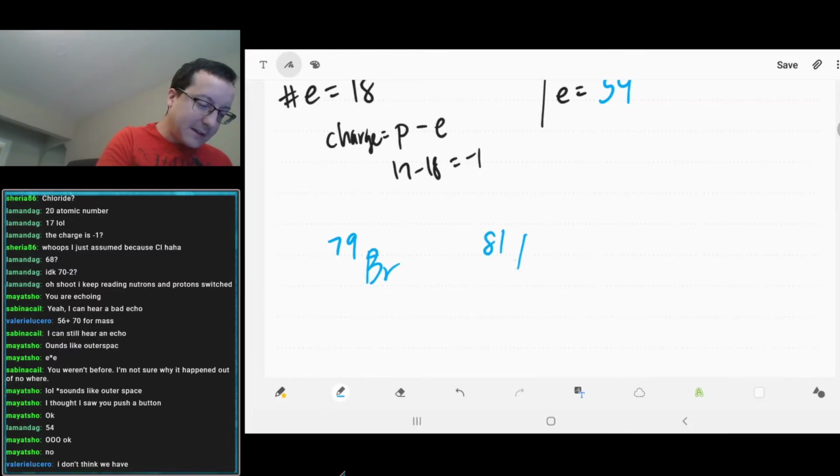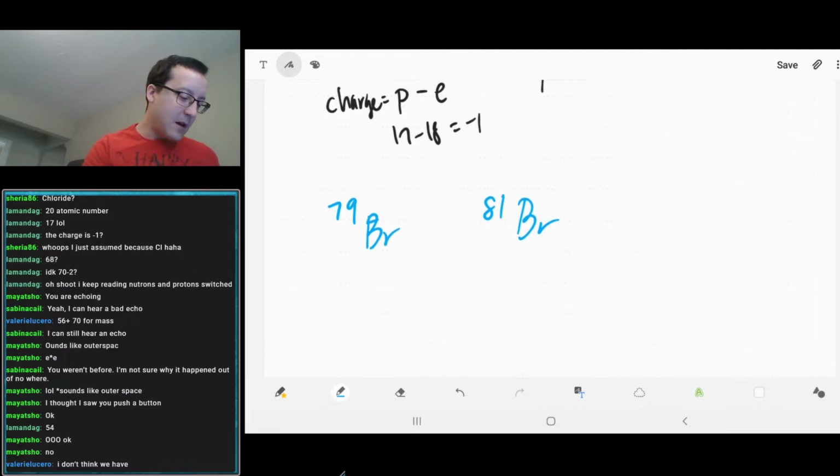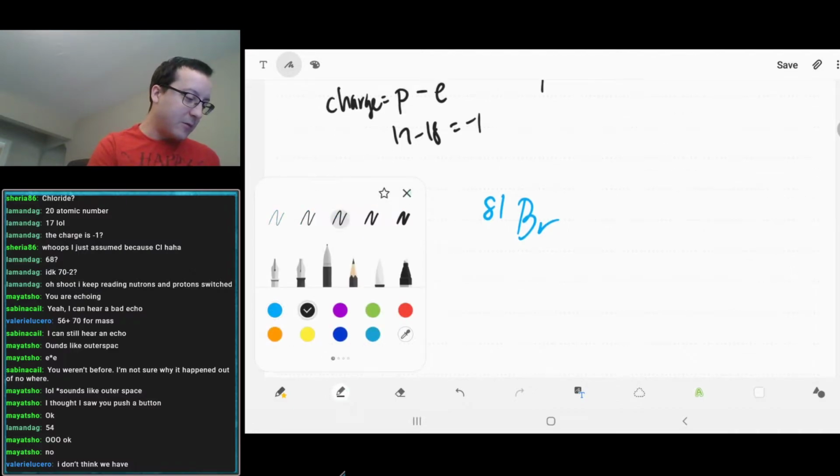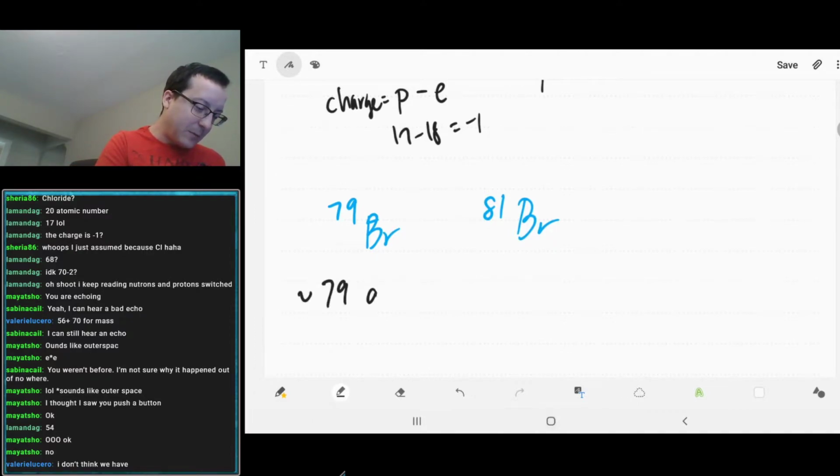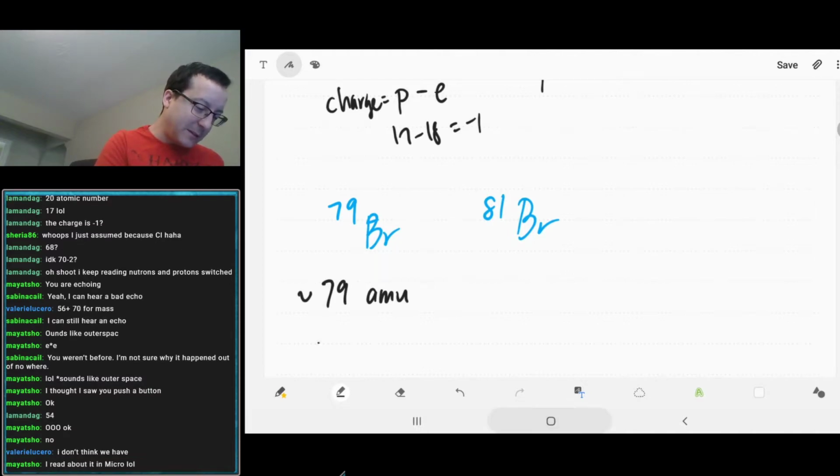bromine exists as these two isotopes in nature, right? And so remembering that protons and neutrons have roughly a mass of 1 atomic mass unit, this is just approximately 79 atomic mass units. Let me just write atomic mass unit again.